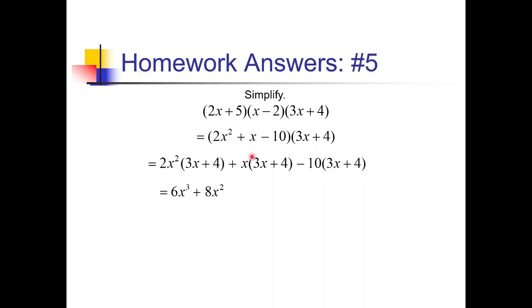Next up, this is going to be 3x squared plus 4x, and then finally we have negative 30x minus 40. Combining like terms, we only have one of these x cubed, so I'll just leave that the way it is. 8x squared and 3x squared adds up to 11x squared. 4x minus 30x is negative 26x, and then we have negative 40.